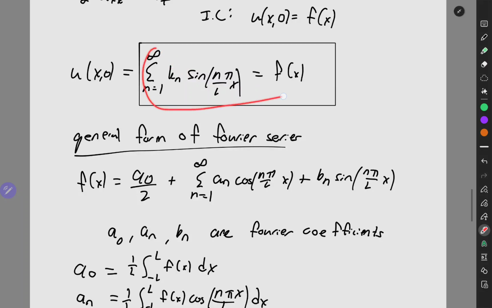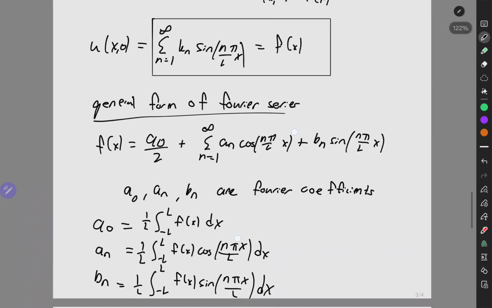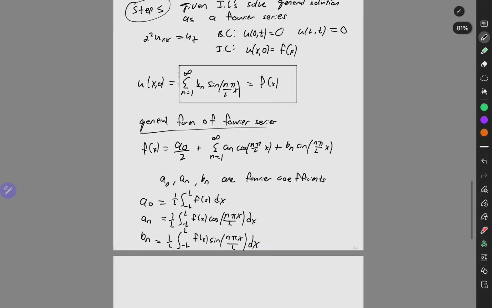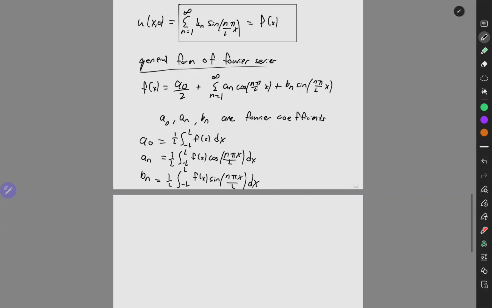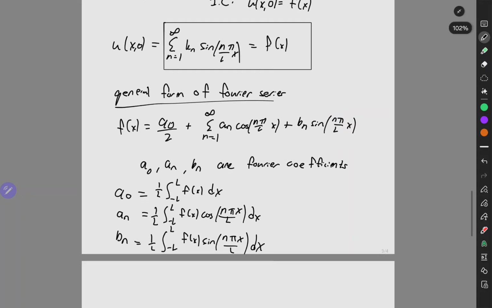So looking at this right here, this is a pretty straightforward problem because we're not given any numbers, right? So there's not much we can do here. So for this problem, we have k sub n as our variable. So now looking at the general solution, the general form for Fourier series, k sub n would correspond to this term right here. Because you see we have this term right here. Those are the same.